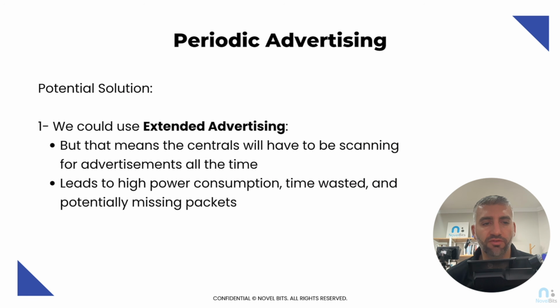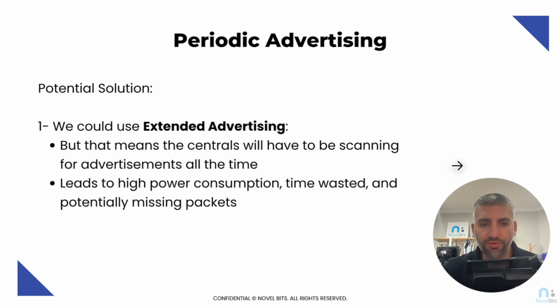So how do we solve something like this? We could use extended advertising. We would have to use advertising, obviously, because it's much more scalable, and in order to be able to have multiple devices be able to receive the data from the other devices. So broadcasting and advertising makes the most sense in this use case.